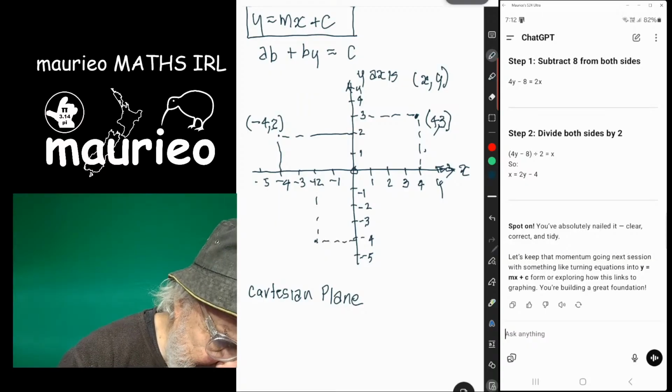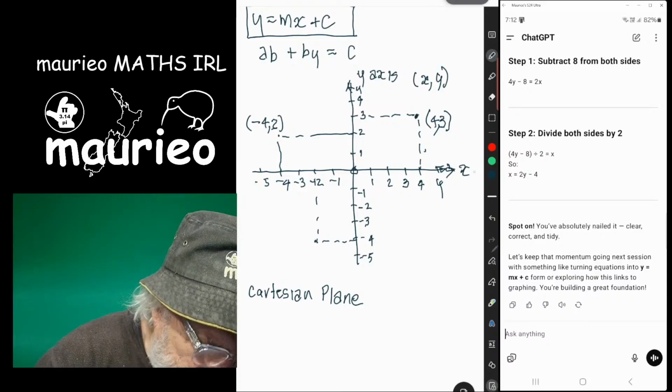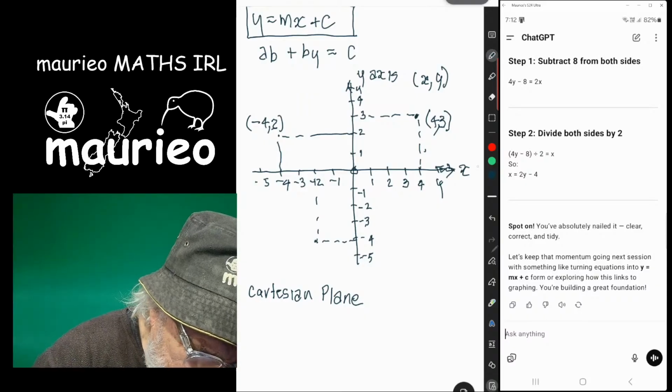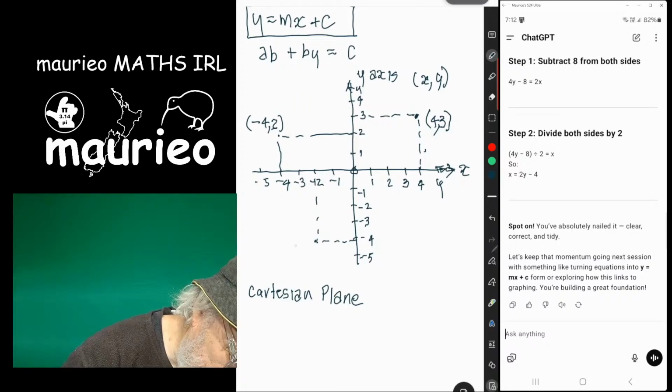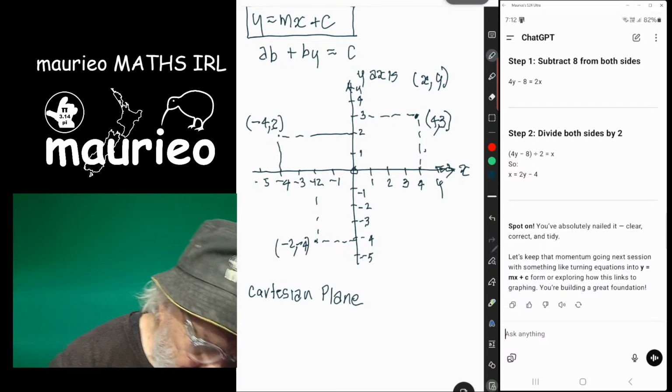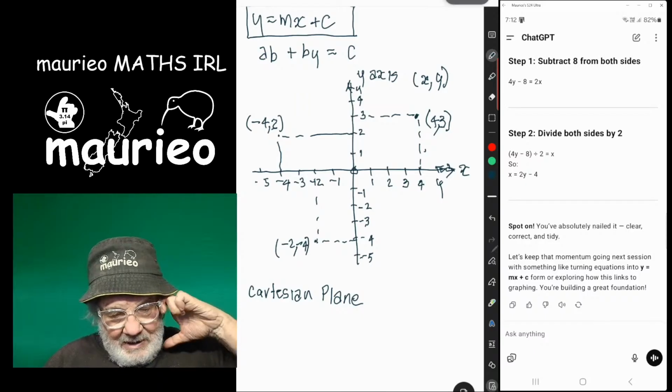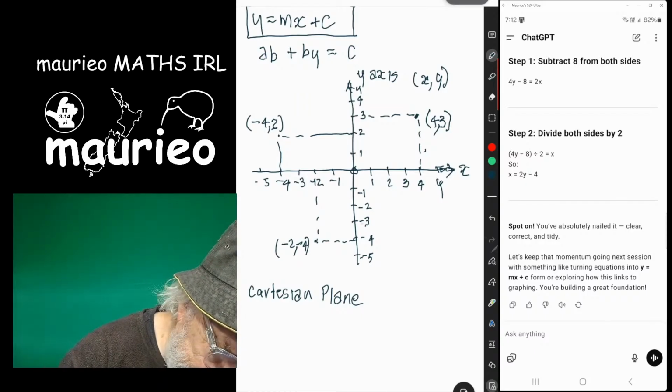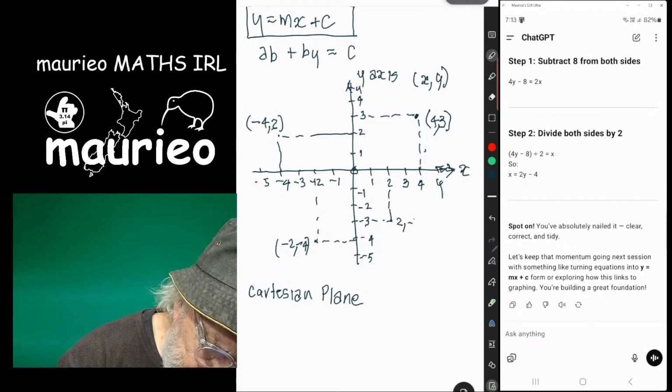This point here would be -2, -4. Okay, and we could have a point over here. And this would be 2, -3.